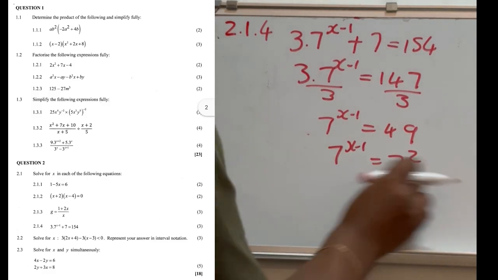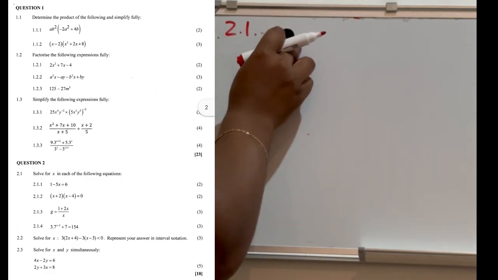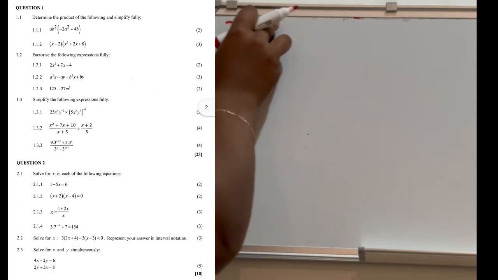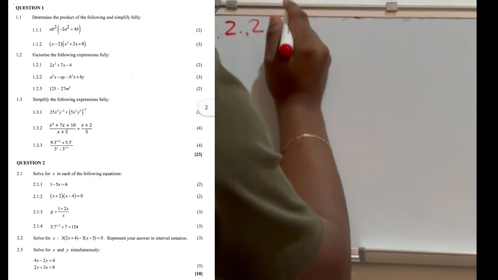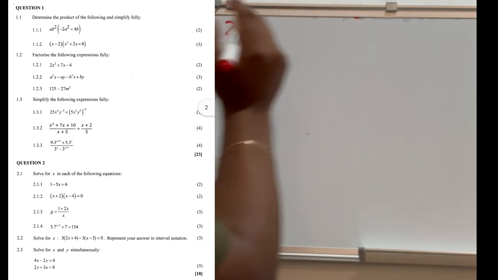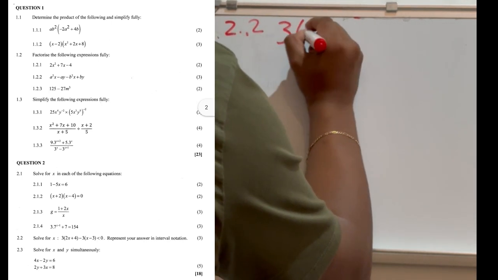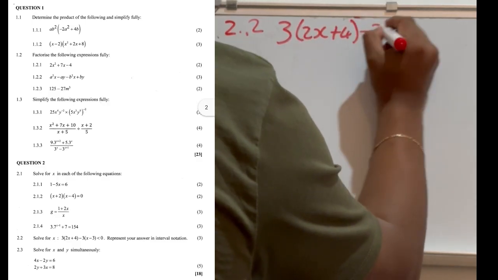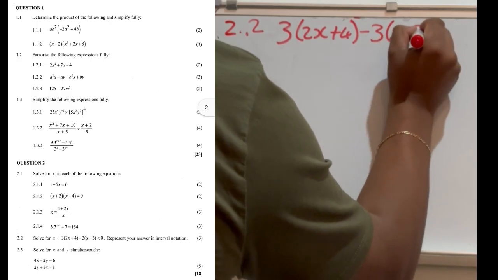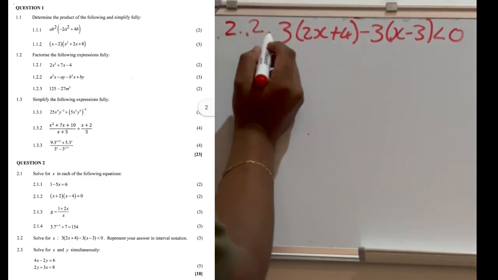Okay. Question 2.2. This one they want us to represent in interval notation. So this is 3 times 2x plus 4 minus 3 times x minus 3 smaller than 0. So all we're going to do, we're going to multiply in first.